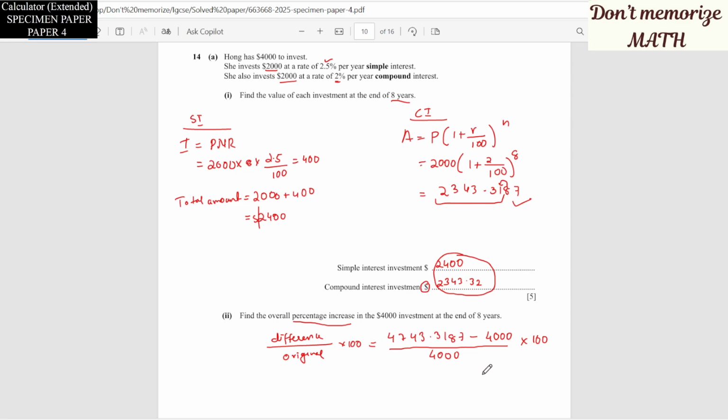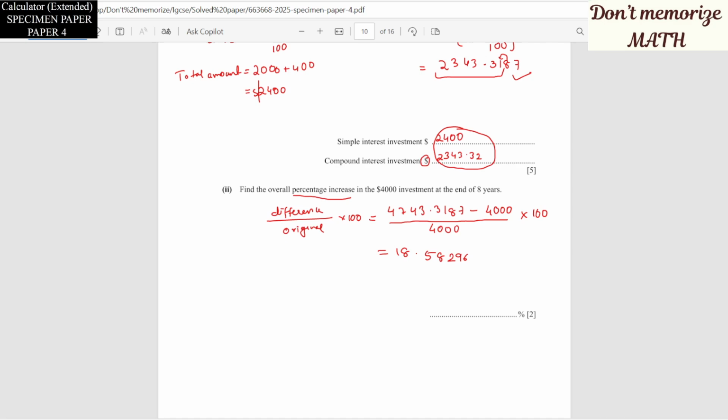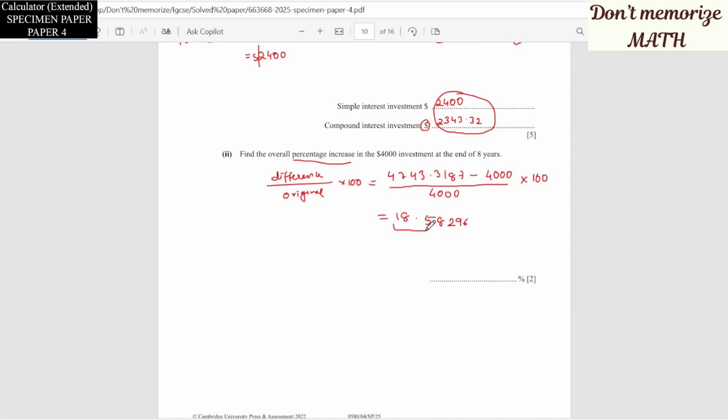So we'll get 18.58296. This is just a percentage, so round and write it to 3 significant figures. The next number is more than 5, so add 1, so 18.6 percentage. I hope this question is clear.